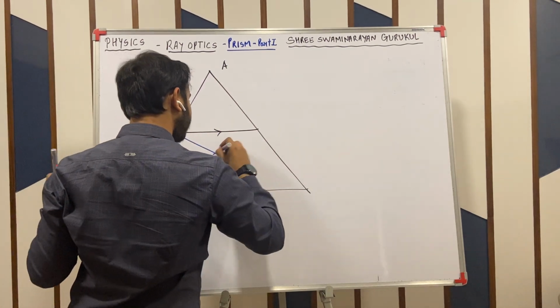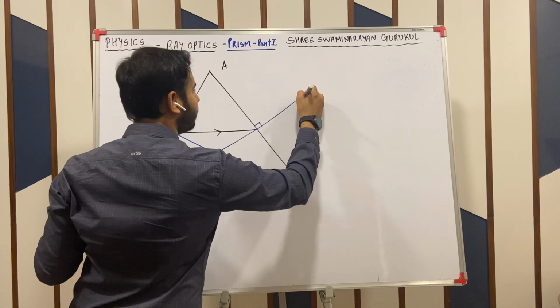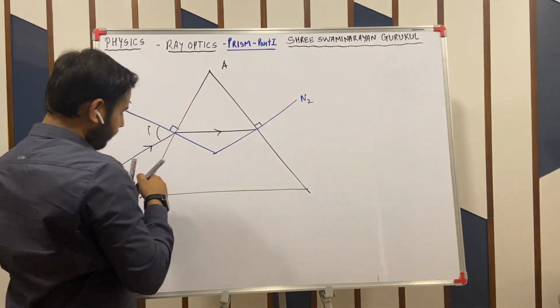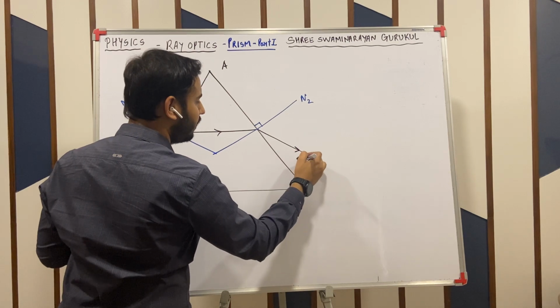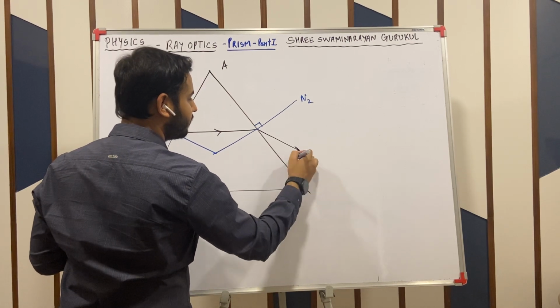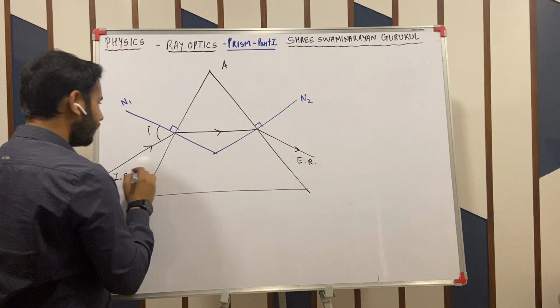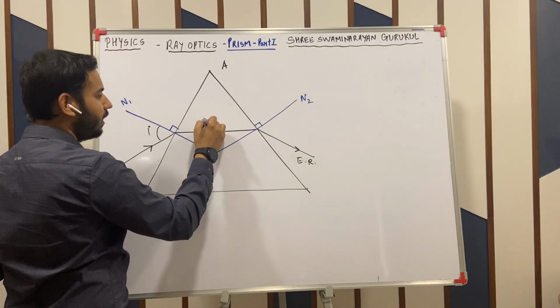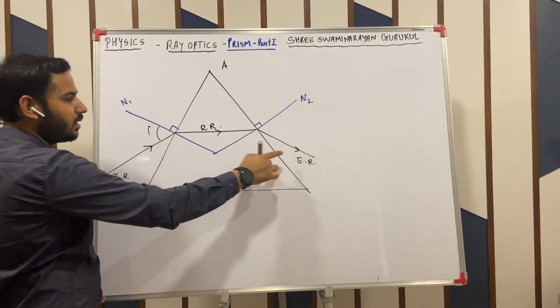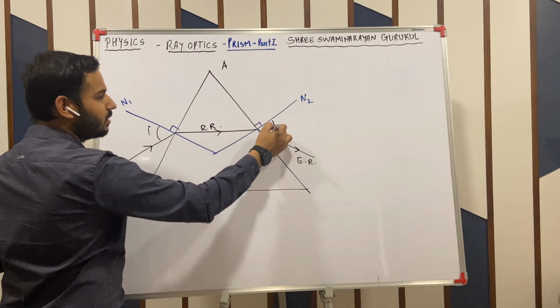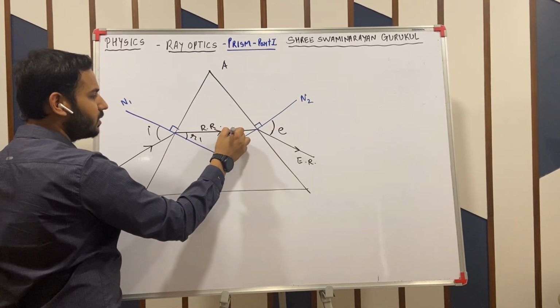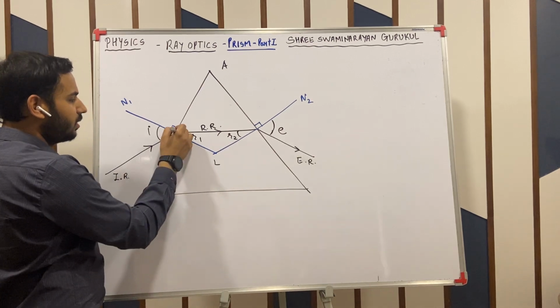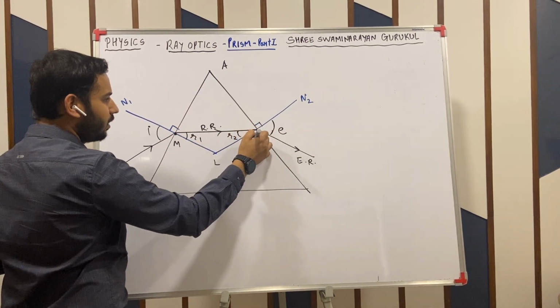This is normal 2, and this is the emergent ray. Incident ray, refracted ray, emergent ray, I, E, this one is R1, this one is R2, and this is L, M, N.